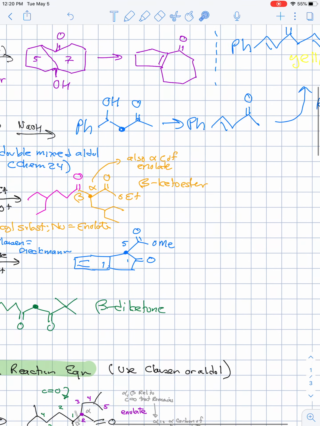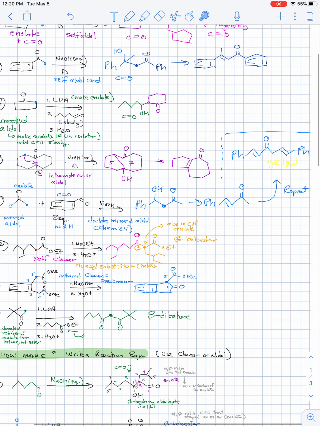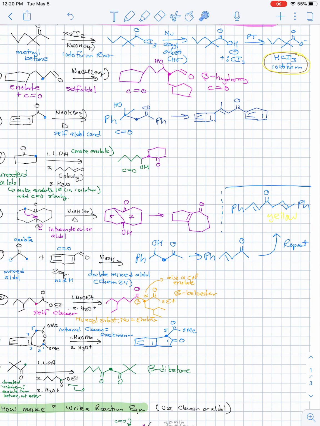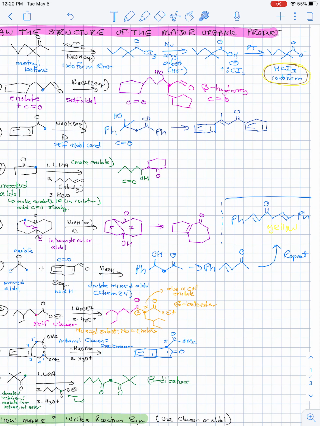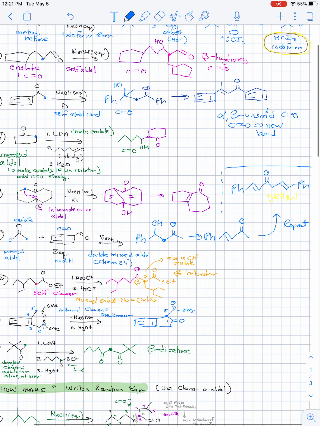Let me quickly go up and find one up here that actually dehydrated. So here, this would be number 3. If you look at this, the new carbon-carbon bond of your alpha-beta unsaturated carbonyl, that's the new bond. And so I think that's almost easier than when you don't have a condensation.